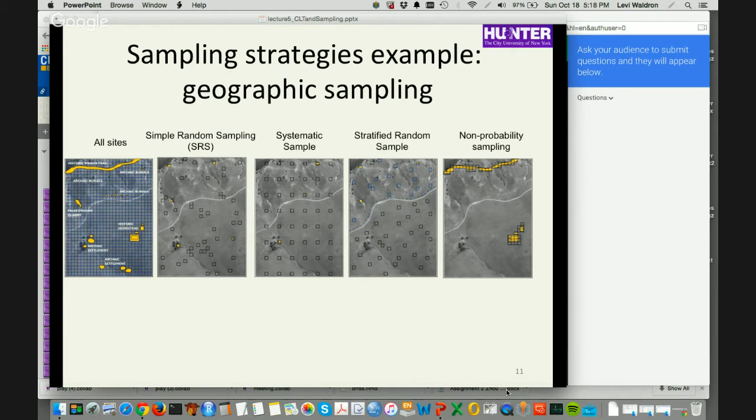Here's an example just to help make it a little bit more visual, maybe, of the different sampling strategies in a geographic setting. So here's a map of an area. This is, say, an area with some sites of archaeological interest that are buried.